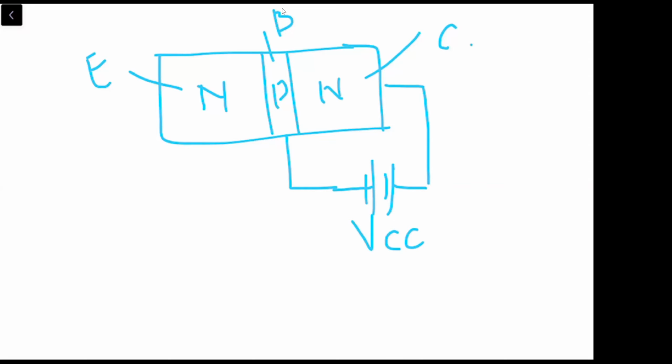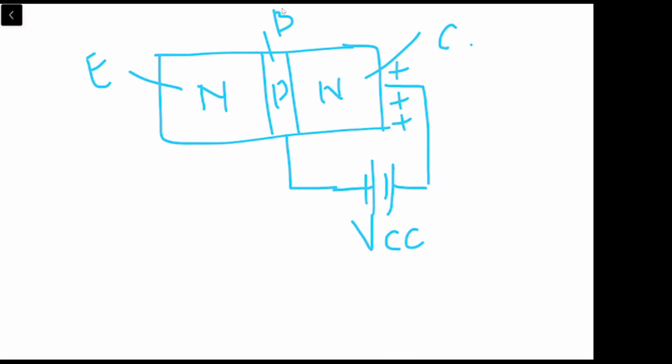So if you see, the base collector junction is now reverse biased. So it should behave like a diode which is reverse biased. Do you remember that? The majority carriers from the N side will be attracted by the positive end of the DC source, because this end is positive.